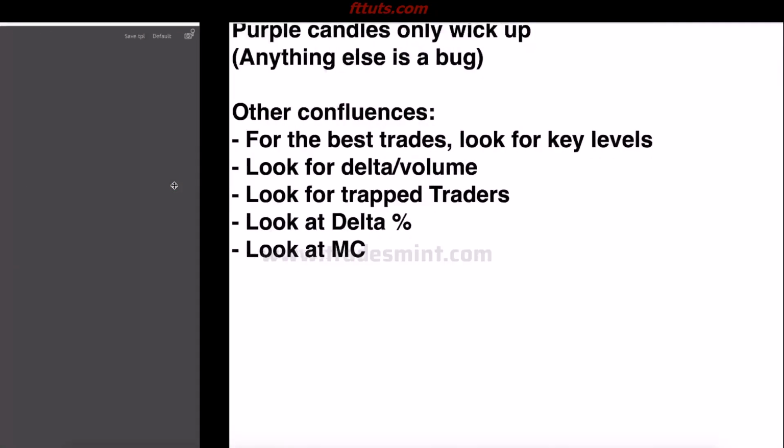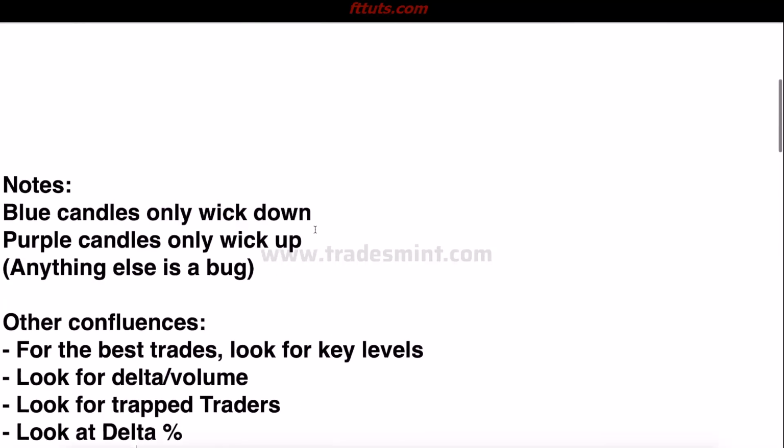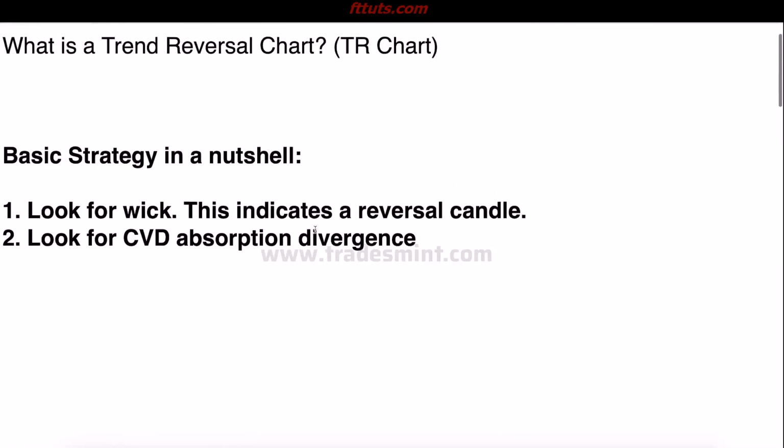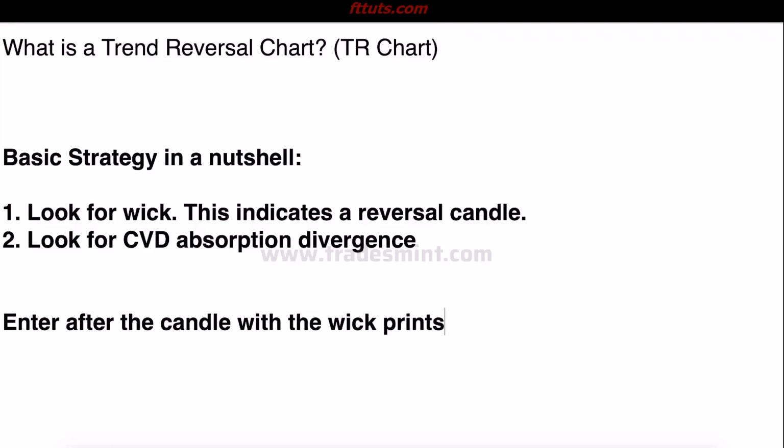So that is the basic introduction to a TR chart. We will be expounding upon this as time goes on, but in general, if you want to start winning trades right away, I would recommend you look for a wick to indicate a reversal candle and look for that CVD divergence. You are going to enter after the candle with the wick prints.